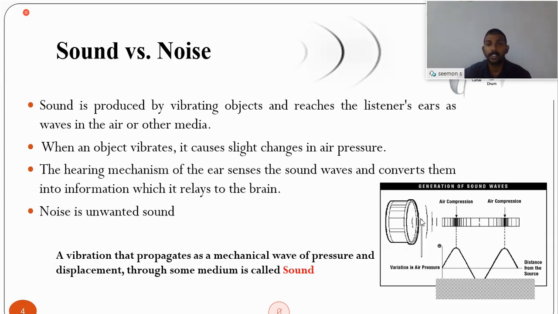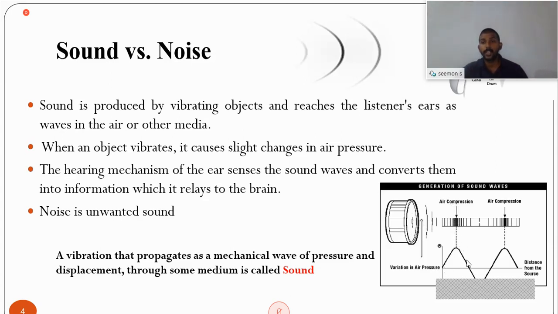Consider a drum with a surface. If we strike the surface with a stick, the drum surface vibrates back and forth. As a result, the air in contact with the surface of the drum moves this way and the air compresses.